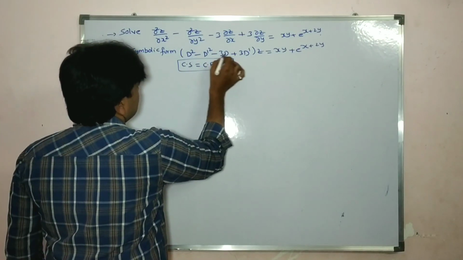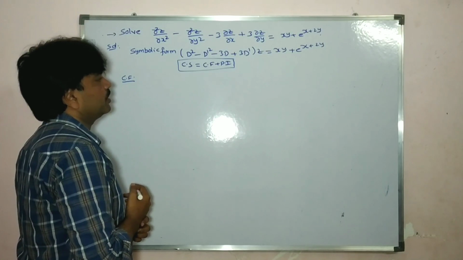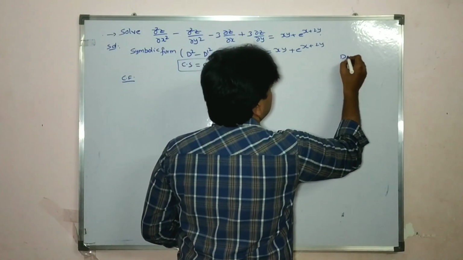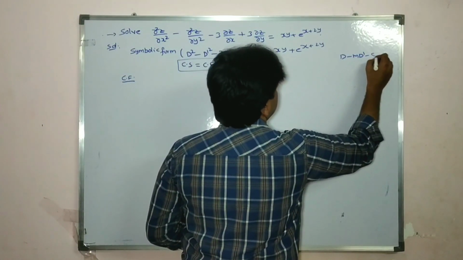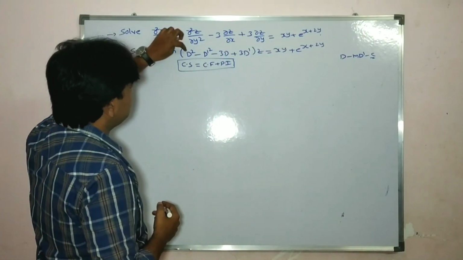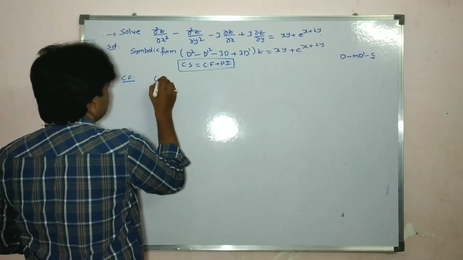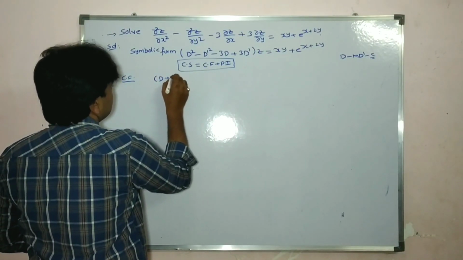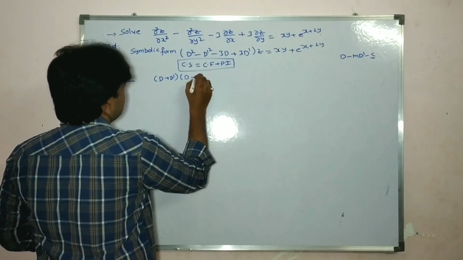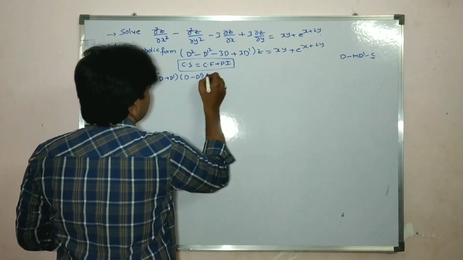Now you write this in the factor form, D minus mD dash minus c, students. So this D square minus D dash square is like a square minus b square, so it can be written as D plus D dash into D minus D dash. Now from these two terms you can take minus 3 in common.